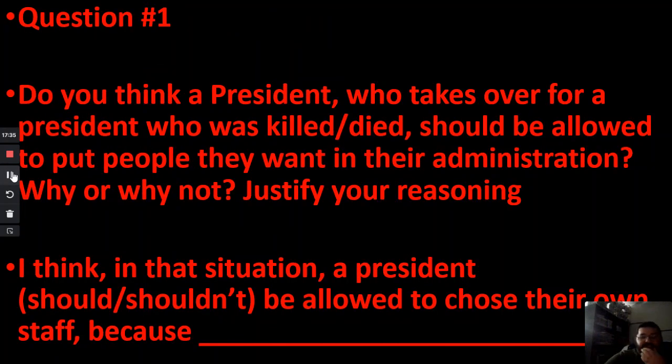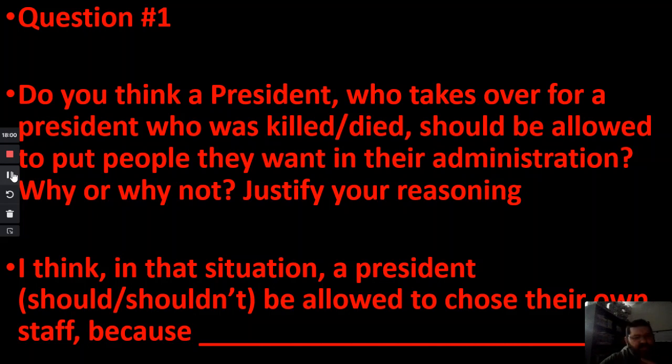All right. So here is my question to you. Let's say the president gets assassinated, dies in office, or whatever the case may be, and the vice president now becomes president, right? So my question to you is this: should that vice president who's becoming president be allowed to bring in their own people?